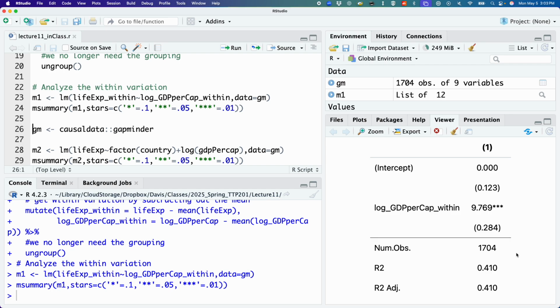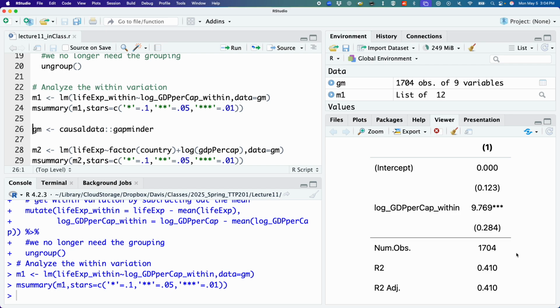Okay, and so here, basically, I have taken the demeaned data and I've run the regression where the fixed effects is on each country as opposed to the individual that we were talking about before.